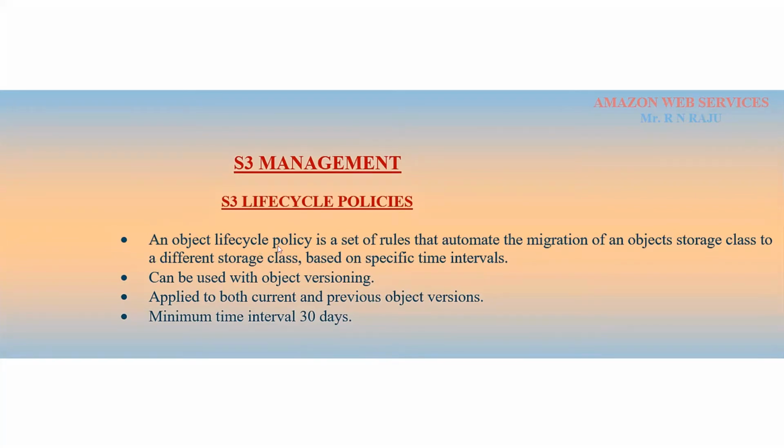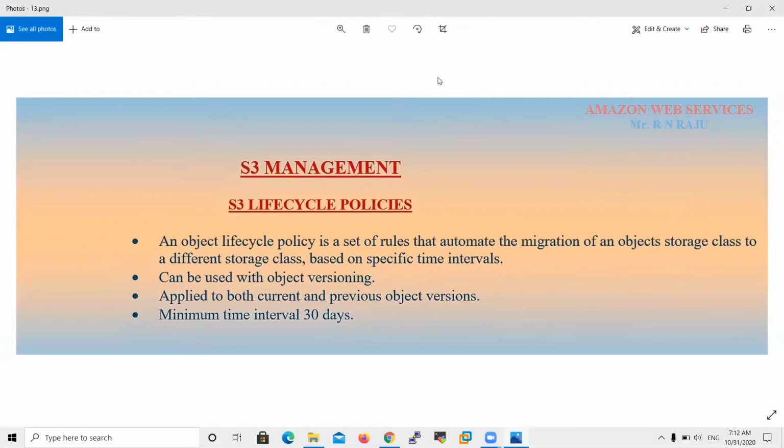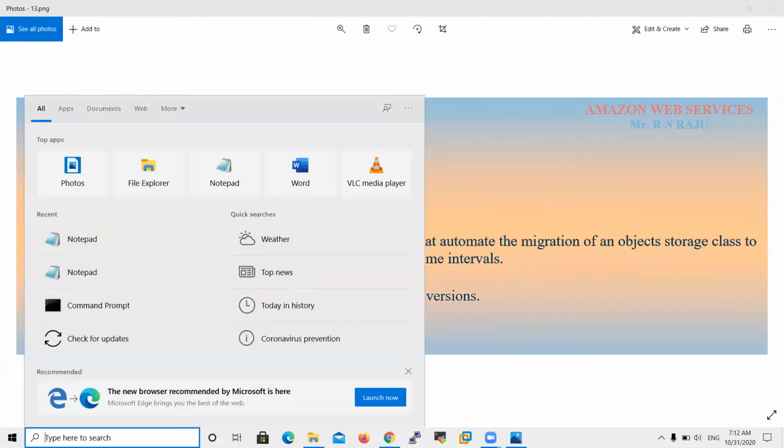An object lifecycle policy is a set of rules that automate the migration of an object's storage class to a different storage class based on specific time intervals. It can be used with object versioning, applied to both current and previous object versions, with a minimum time interval of 30 days. Okay, I will tell you clearly what the lifecycle management rule is.